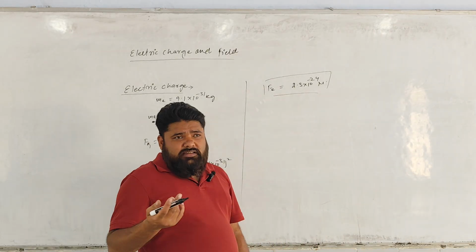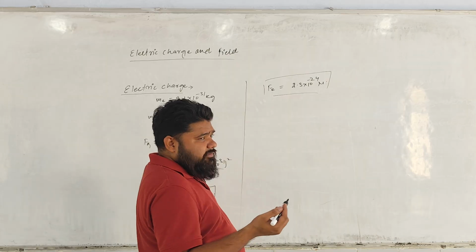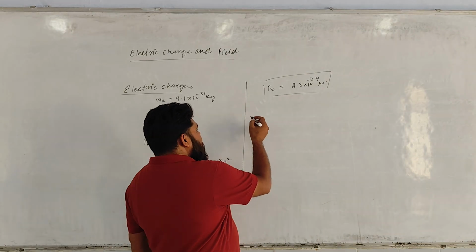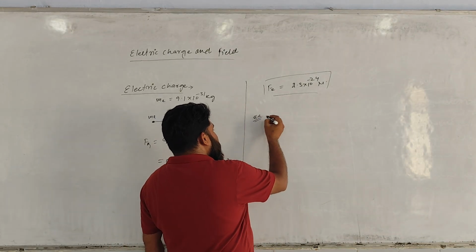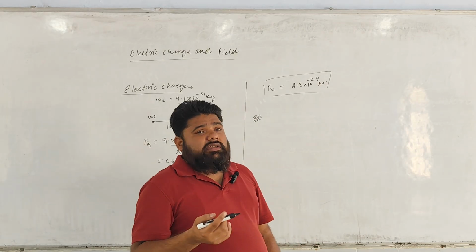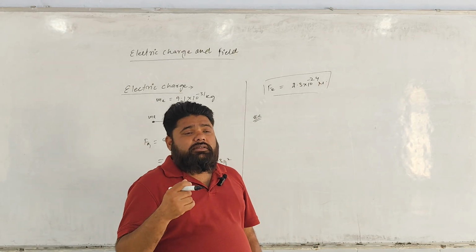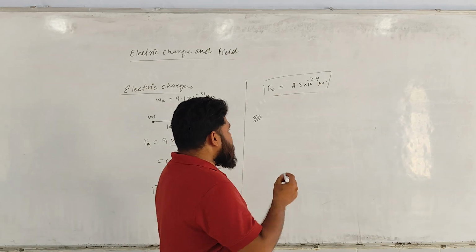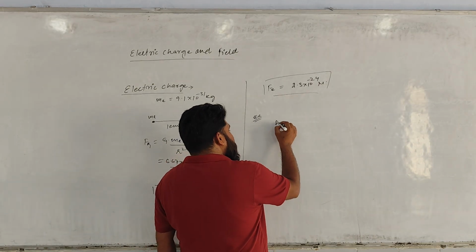Let's take examples of electric charge that you see in your daily life. One of the most common examples is when we comb our dry hair with a dry comb.